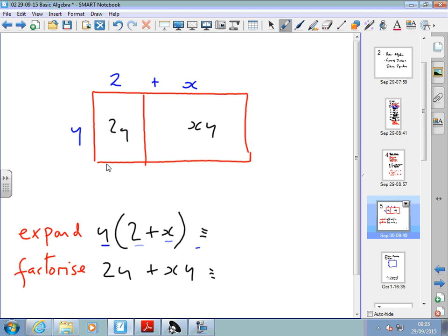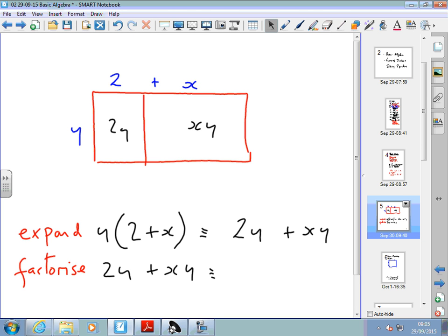So I use 3 lines to mean this is equivalent to or the same as. So in other words, y times 2 plus x is the same as y times 2 is 2y plus y times x is xy.